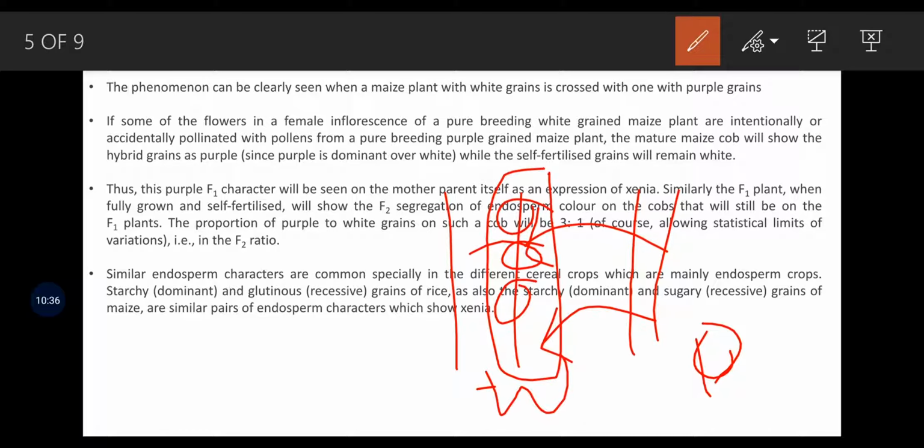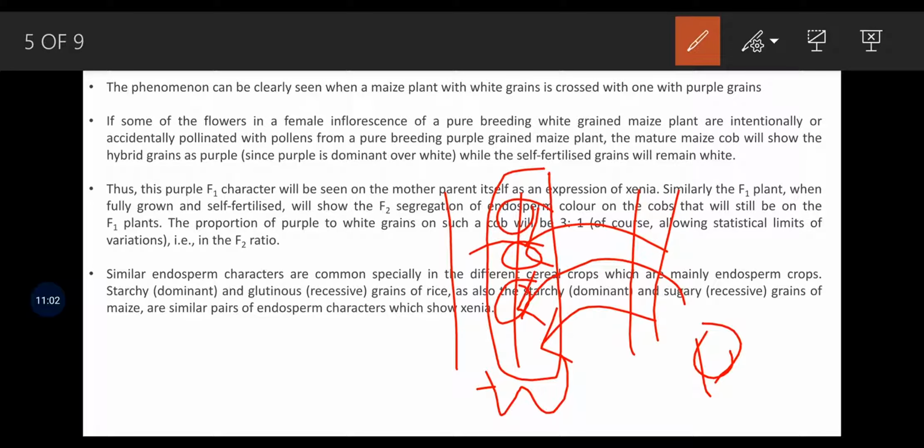When the purple-charactered pollen is placed on the silk of the white plant, the purple character will be expressed on the cob in the same generation when the cobs appear. Thus, this purple F1 character will be seen on the mother parent itself as an expression of Xenia.